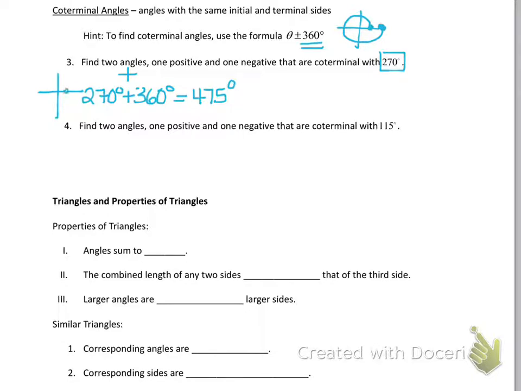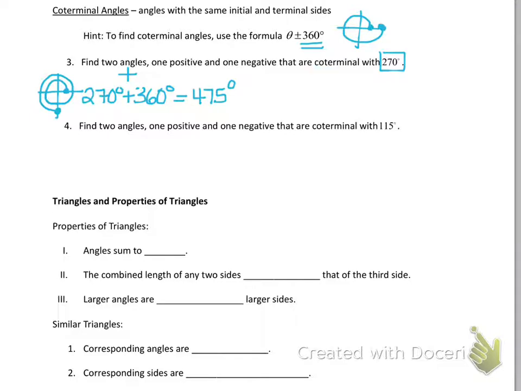I start in standard position and I'm going to go in the positive direction, which is counterclockwise. So I usually go 270 degrees, which ends right there, but then I go around again 360, which ends at the same place where 270 would have ended.